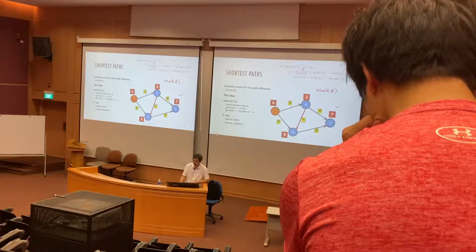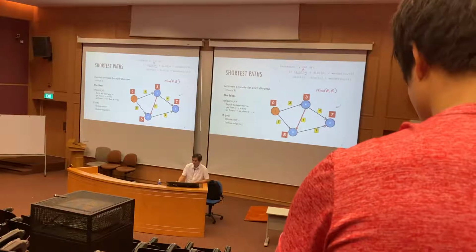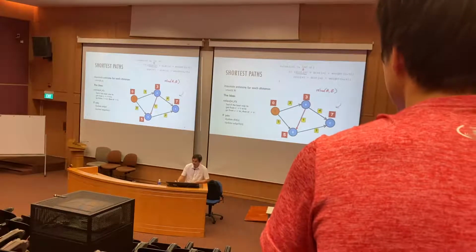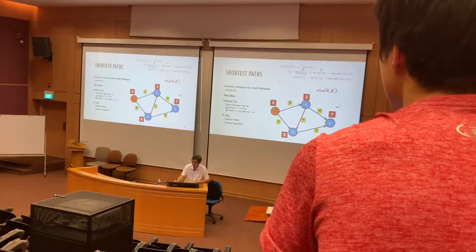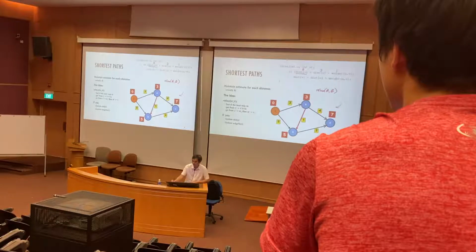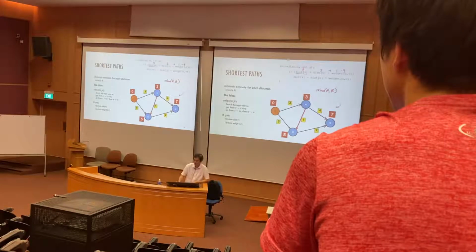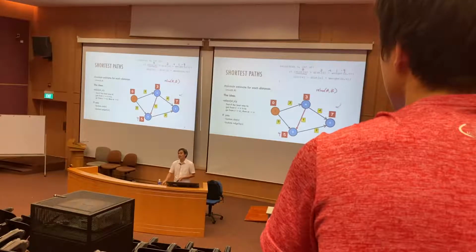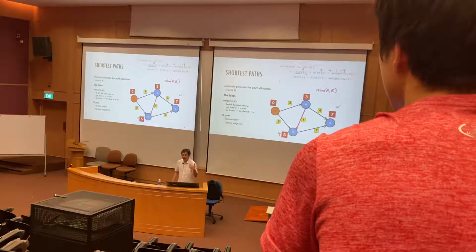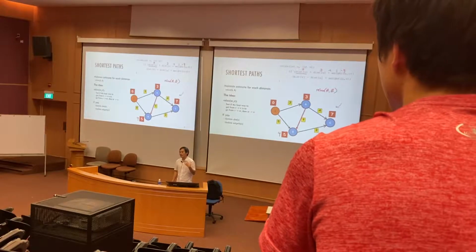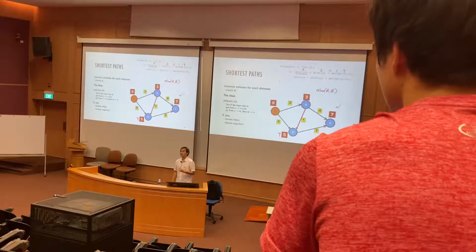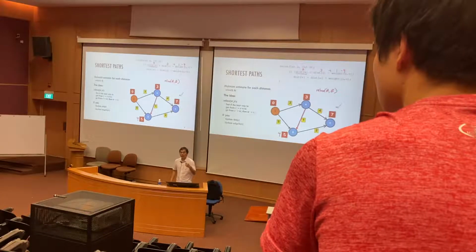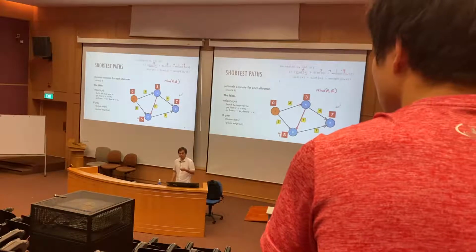And is it greater than going through A? Should I go through A and then take one hop from A to B? So let's check. Distance to A is 3. A to B is 1, and this is 4. And it is better, so I'm going to update my distance. Okay, so this says that my current shortest path distance estimate is wrong. It's too large, so I need to shrink it. And the way I shrink it is by going through this other node A.